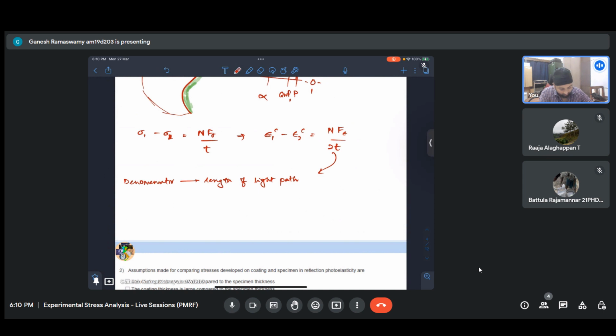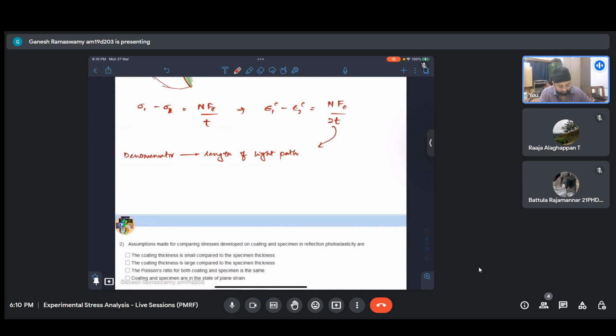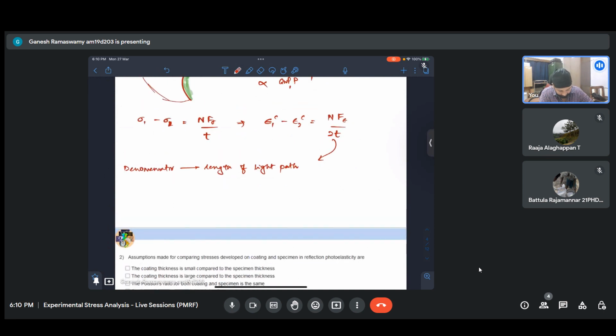Now, for a given strain level, let me call this some constant, capital constant K, not to be confused with the optical strain.